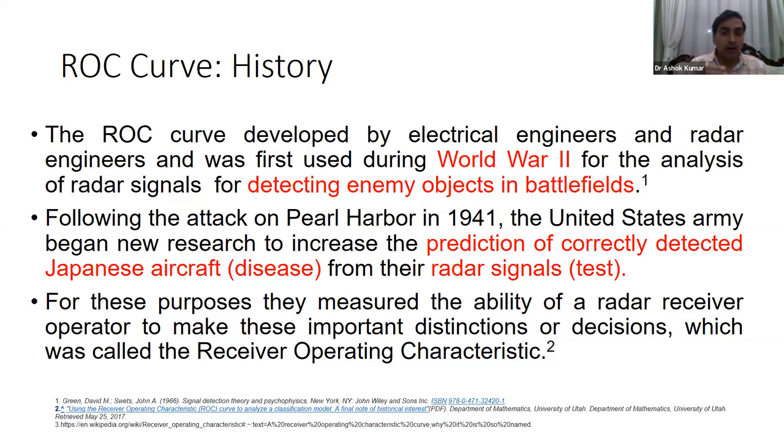Following the attack on Pearl Harbor in 1941, the United States Army began new research to increase the prediction of correctly detected Japanese aircraft, that is the disease, the enemy craft, from their radar signals, that is the test. For these purposes, they measured the ability of a radar receiver operator to make these important distinctions or decisions, which was called the receiver operating characteristics.